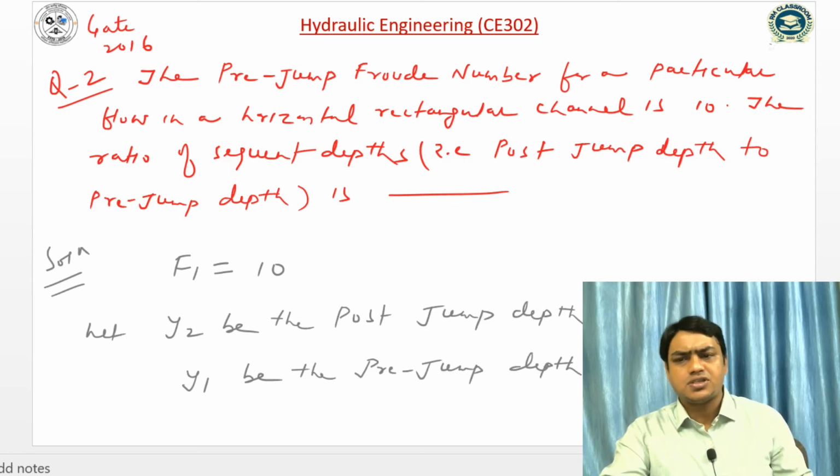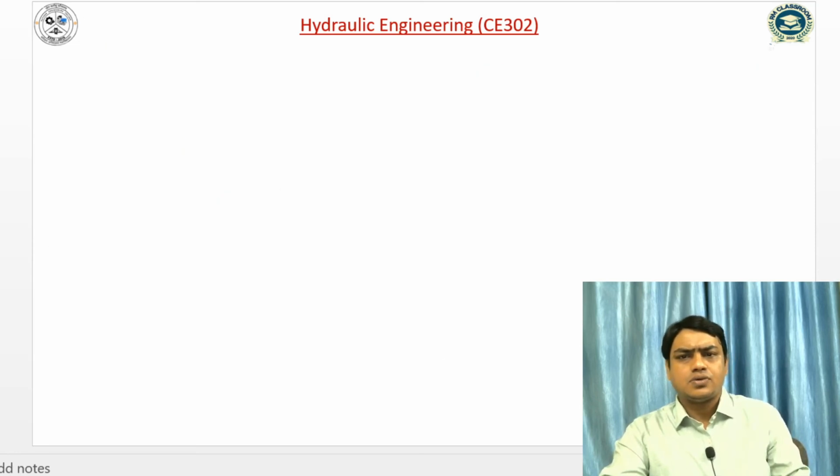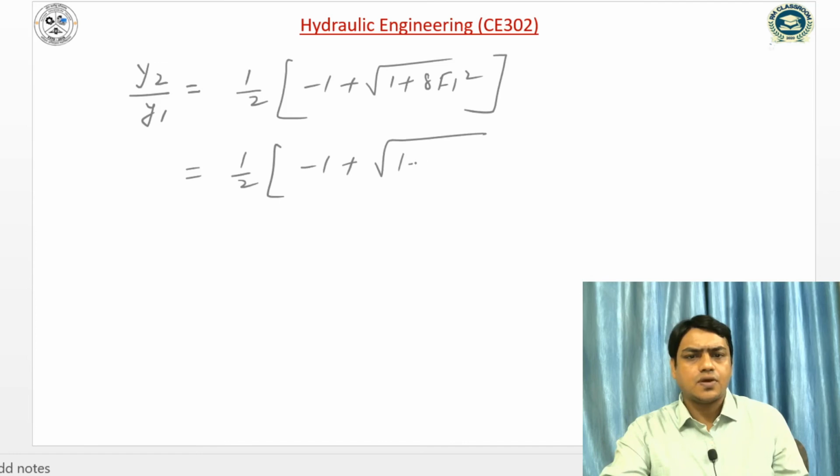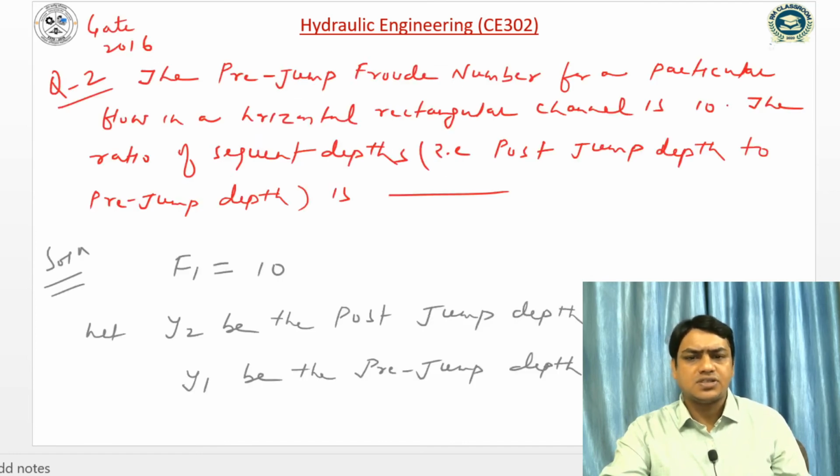So this question is very similar to the first one. We can write y2 by y1 is equal to 1 by 2 into minus 1 plus square root of 1 plus 8 F1 square. So it will be 1 by 2 into minus 1 plus square root of 1 plus 8 into the initial Froude number, which is given, that is 10.